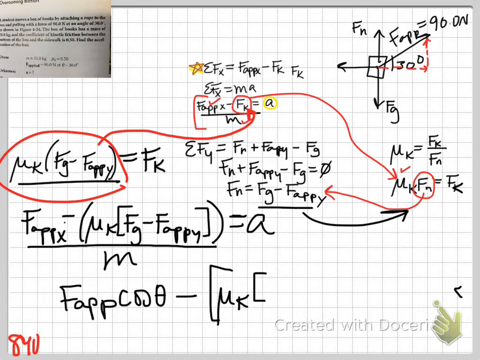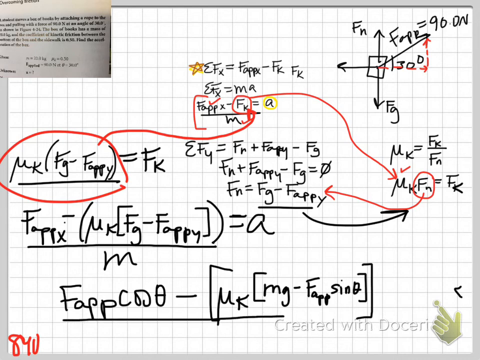I've chosen not to yet. We will in the end, obviously. mg, oops, minus, well, f applied y would be f applied sine theta, close brackets, whole bloody mess divided by m equals a.